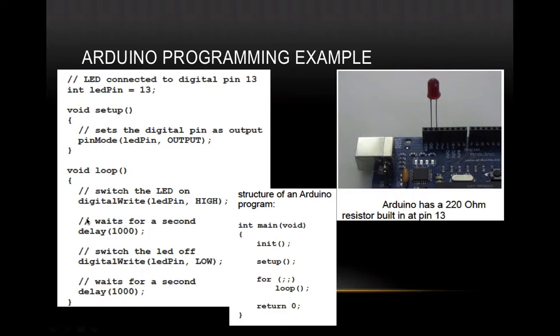Once the delay of 1 second is completed, we give a digitalWrite again to pin number 13 with a value low, so the LED is going to be turned off, and then again call for a delay of 1 second, and then it goes back, turns on the LED, waits for 1 second, turns it off, waits for 1 second, and so on.